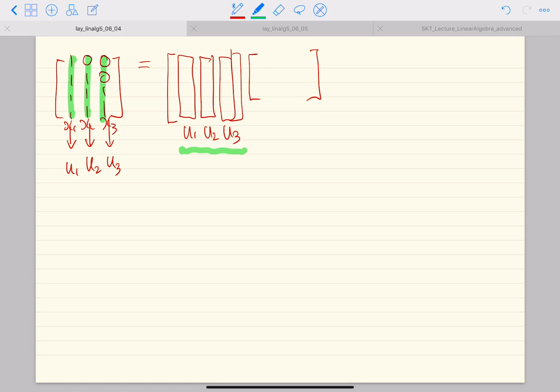Each vector x1, x2, x3 is inside this subspace, which we call W. Obviously x1, x2, x3 are inside of W, and this exact same space is spanned by u1, u2, and u3.